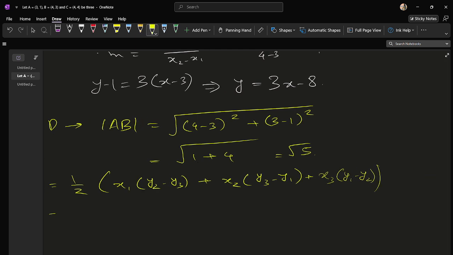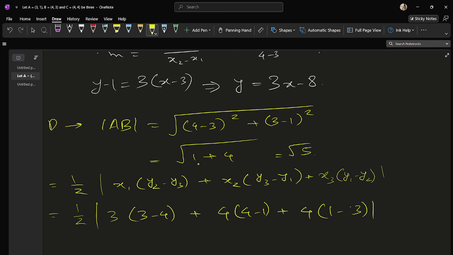Let us put the values, where x1 will be 3. That will be 3 into (3 minus 4) plus 4 into (4 minus 1) plus 4 into (1 minus 3).